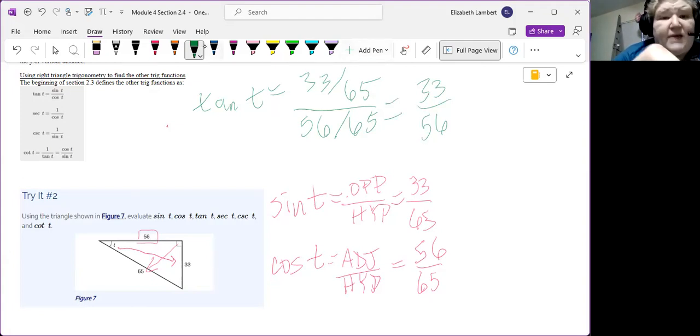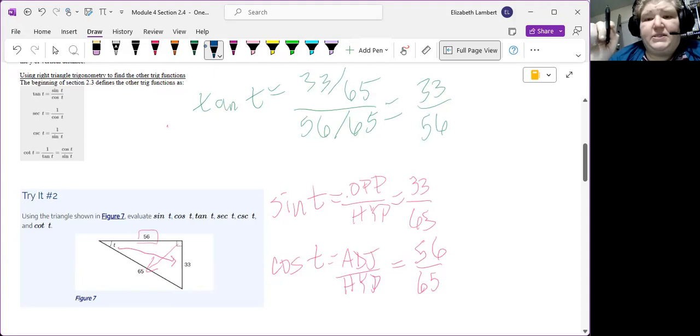All right, now the only other thing we need to do is our reciprocals. So the reciprocal of sine is not secant, but cosecant. So cosecant of t will be the reciprocal. Instead of 33 over 65, we have 65 over 33.